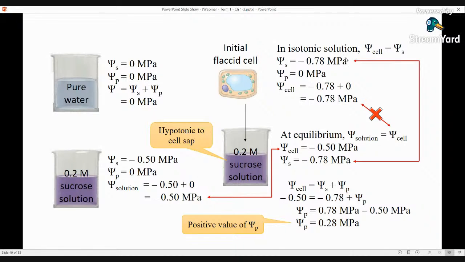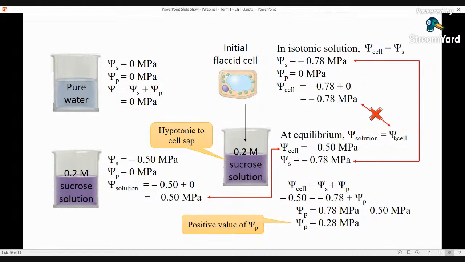Then just now in isotonic solution, the water potential of the cell is equal to the solute potential, because the pressure potential is 0. So the water potential for the cell is negative 0.78.